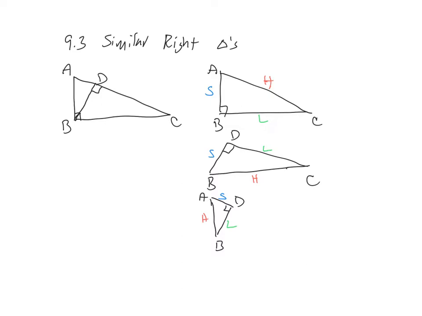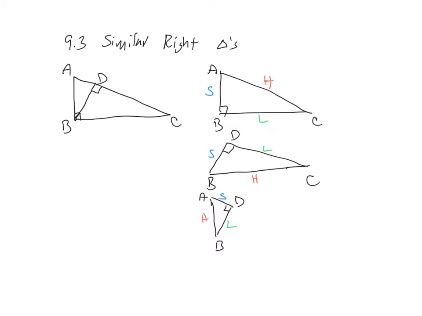Okay, but the point here is you're going to see the same side in different shapes, and it's going to be a different part of the triangle. For instance, AB in the first one is the shortest side of that triangle. AB down here on the bottom is the hypotenuse of the small triangle.